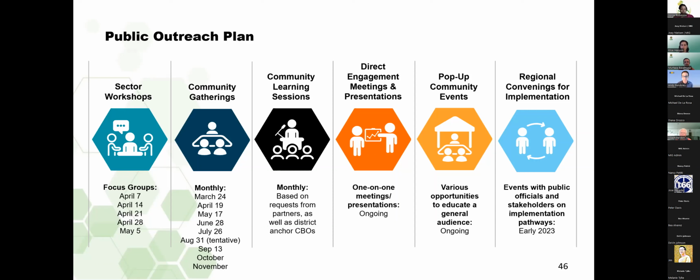Some of the next upcoming meetings are available for registration. The community learning sessions and direct engagement meetings are all opportunities to connect with the project team through the project website, the engagement tool, and also through the Zero Carbon email address provided. And then there'll also be community pop-up events.